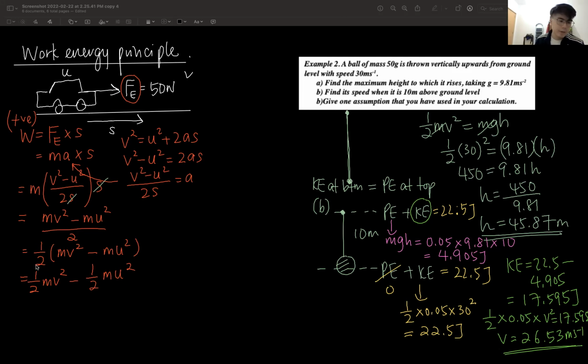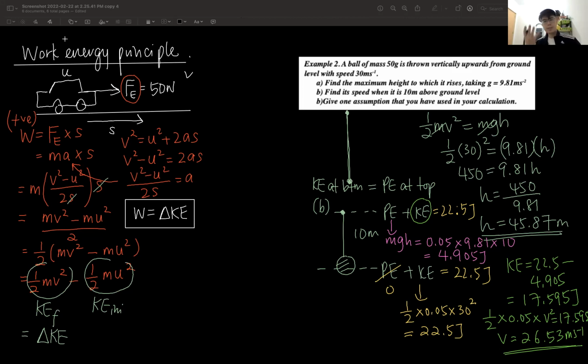This is my KE final, and this is my KE initial. Final minus initial is the change. So work done can also be written as the change in kinetic energy. W equals the change in kinetic energy. You want to remember this, it is the work energy principle.